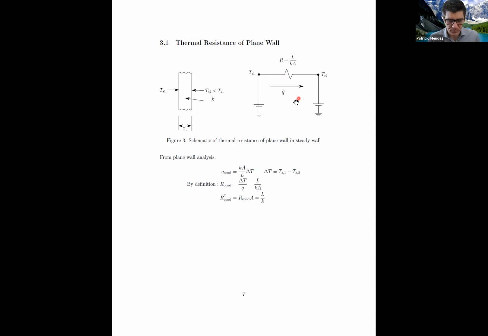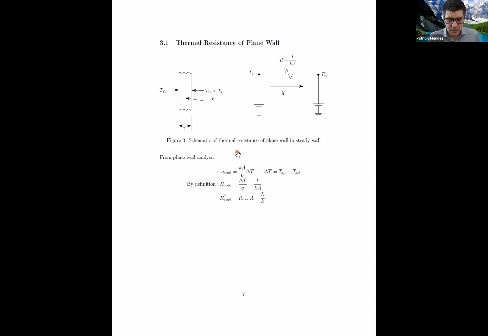And you see two batteries here. The batteries are voltage and are the analog of temperature. This battery is TS1. The voltage here is TS1. This other battery here has a voltage TS2. And they go to the ground. Ground is 0.